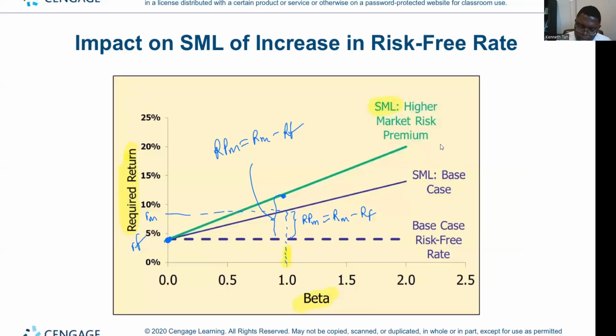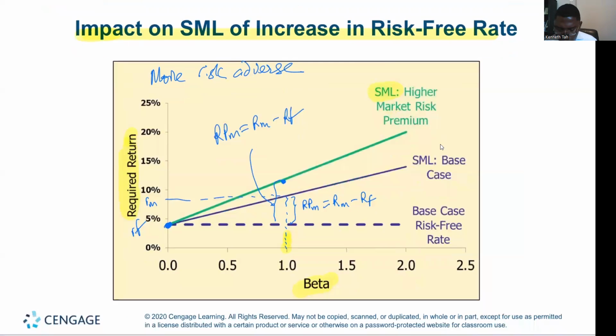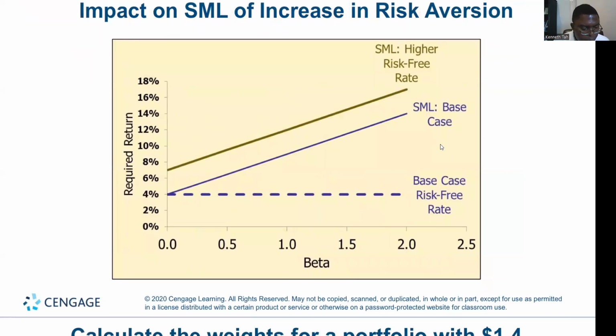This is the case in which investors become more risk averse. The first scenario is that investors become more risk averse and the security market line moves upward. This is another scenario.